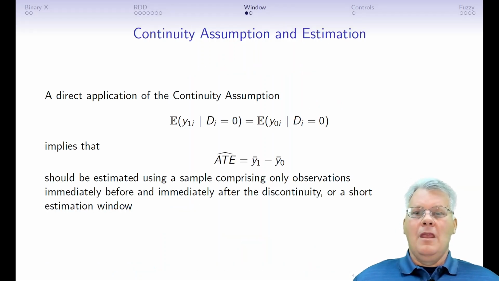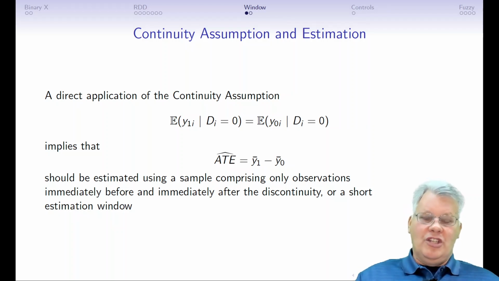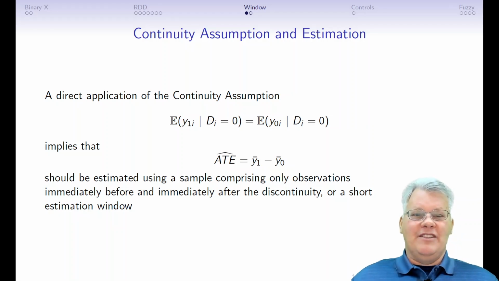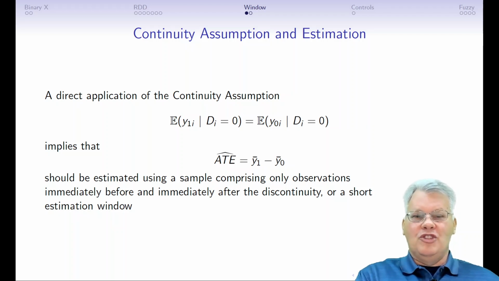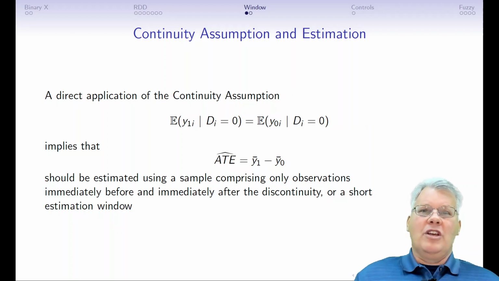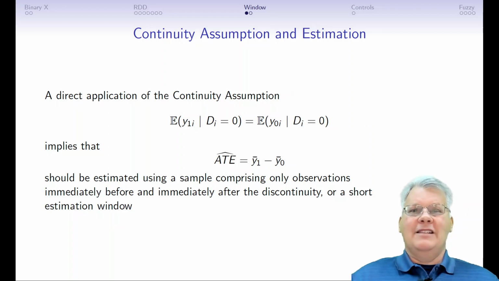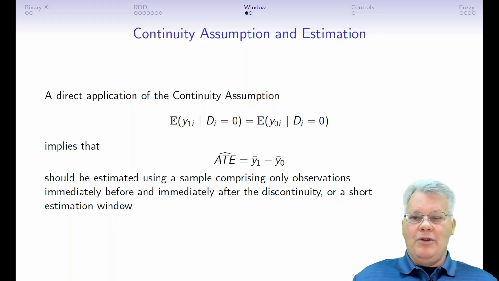Okay. A direct application of the continuity assumption, which I repeated here, remember this was that the expected outcome varies continuously between the unobserved counterfactual status and the observed pre-treatment status, implies that the estimated average treatment effect is the average outcome in the post-treatment period minus the average outcome in the pre-treatment period.